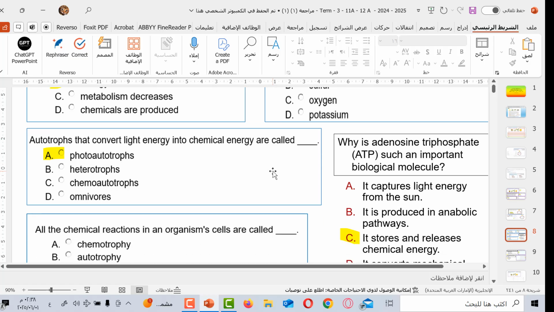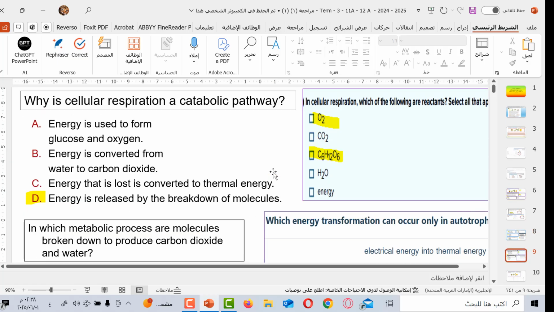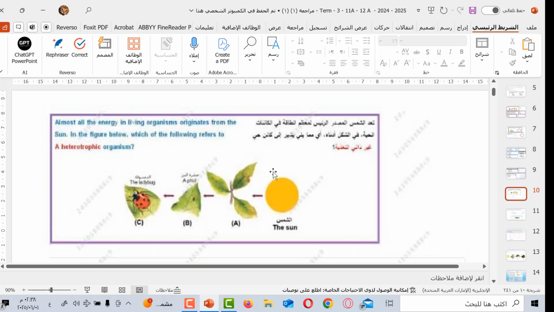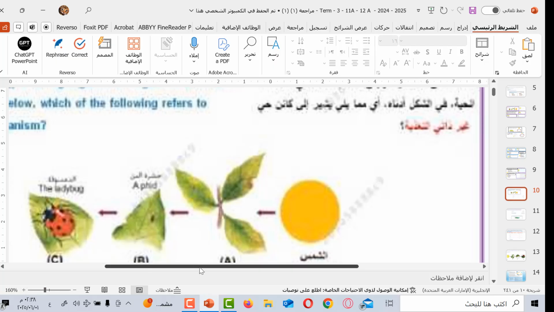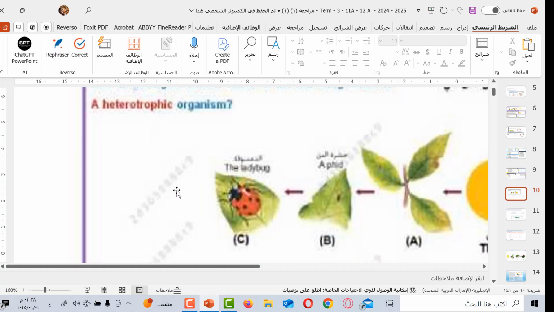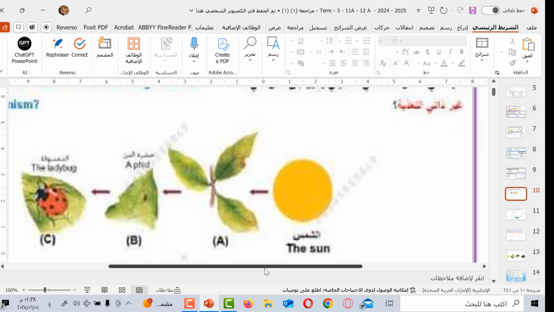Let us see another one. Okay. This is another question, he asked about what? Let us focus to read it. Again, in the figure below, which of the following is a heterotrophic organism? He wants the heterotrophic organism. We have autotrophic and heterotrophic.